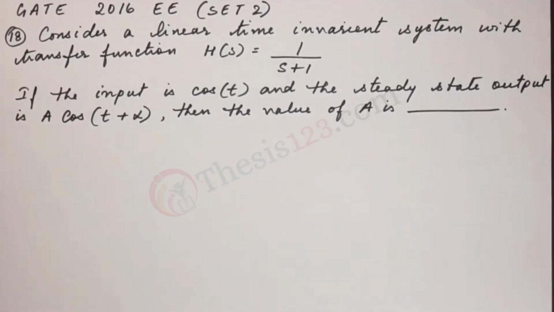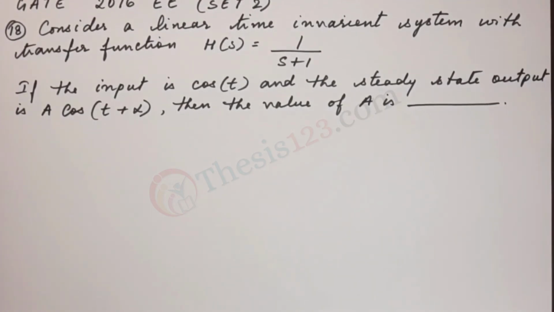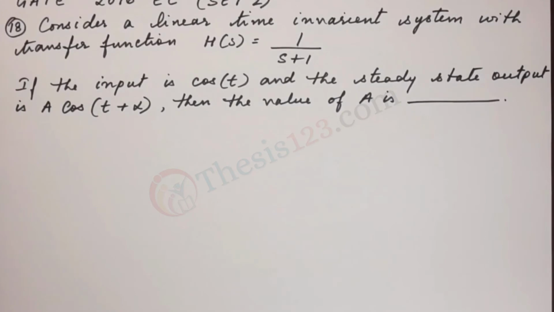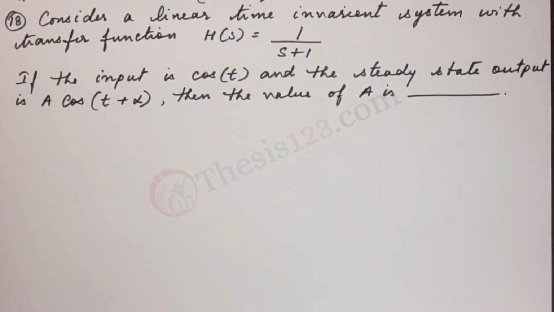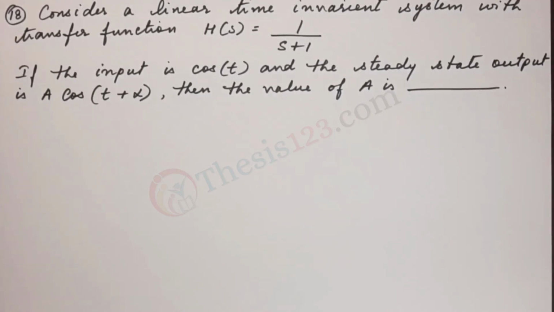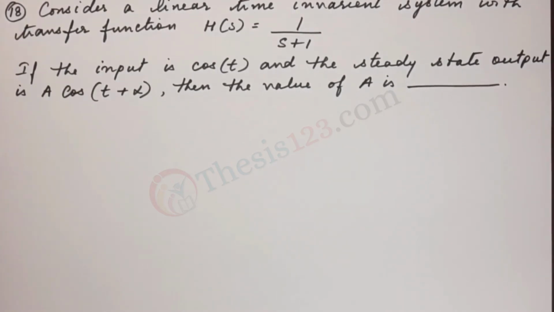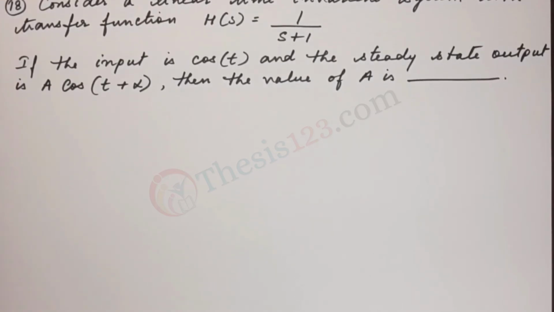Here's the next question, number 18. Consider a linear time invariant system with transfer function h of s is equal to 1 by s plus 1. If the input is cos t and the steady state output is A cos t plus alpha, then the value of A is dash.